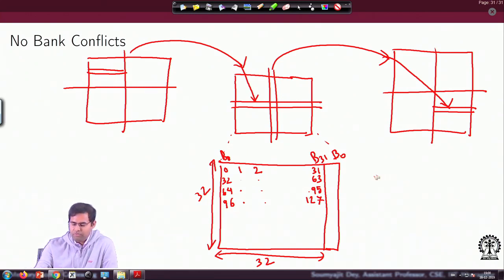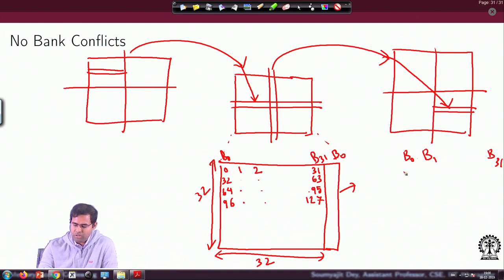Now, let us map this layout to the shared memory's actual layout. Let us write the bank locations B0, B1, up to B31.